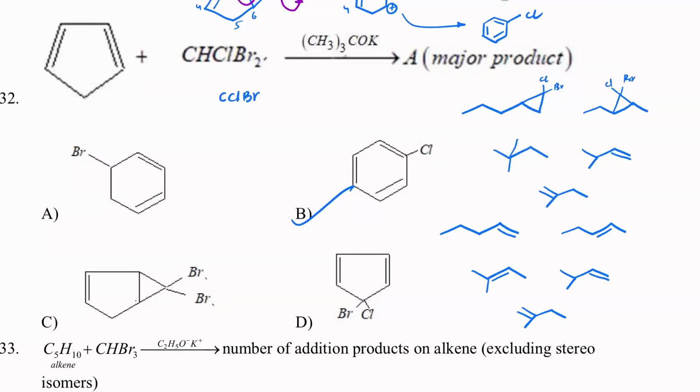Remove this part, we'll get CClBr. So at all these positions, we can get ClBr. That is the question asked: how many products you can get in this case. Like this, Br and Cl. Okay. Sorry. Here.